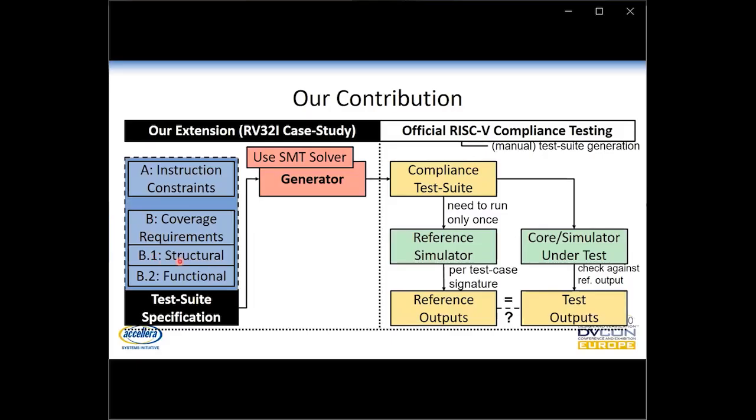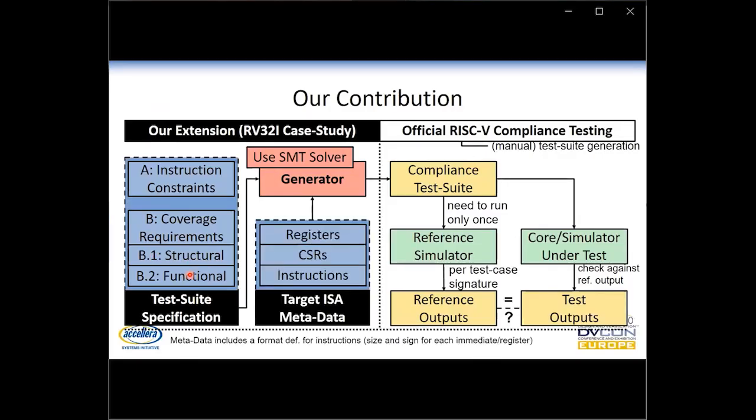Here we distinguish between structural as well as functional coverage requirements. Now this all allows us to generate respective compliance test suites. And of course, for this you have to provide some basic data of your target ISA, which we call metadata. For example, the registers, the CSRs, and the instructions have to be known.